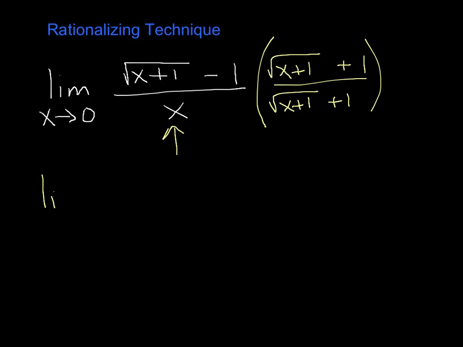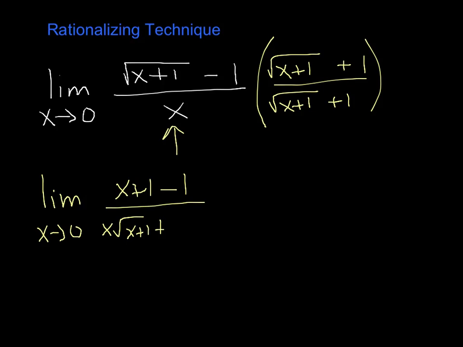Okay? So I'll have the limit as x approaches 0. And remember, this is an a minus b, a plus b scenario. So that gives me a squared, which would be x plus 1, minus b squared, which is 1, divided by x times the square root of x plus 1 plus 1. So we really have x divided by x times the square root of x plus 1 plus 1.